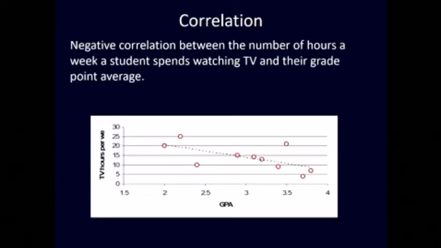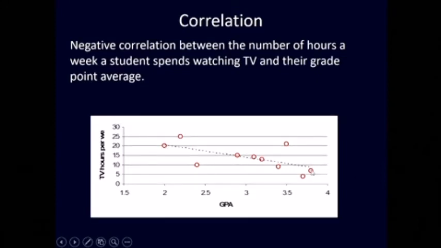Here's a negative correlation. This is a correlation between, how many dots are there? Ten. Each of these is a student, and it measures the number of hours per week they spend watching TV versus their grade point average. So this person has a low grade point average and spends 20 hours a week watching TV.